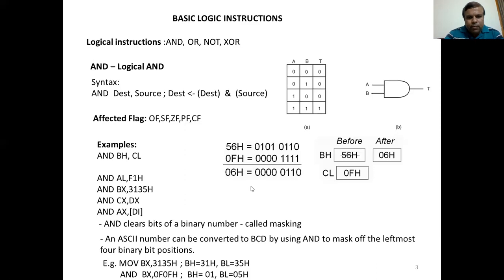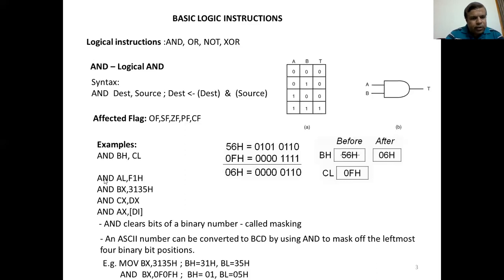So if you group the 4 bits in hexadecimal, we'll end up with 06 as the result, which is a hexadecimal number. So this is 0 and 0110 is 6. The result 06 is placed into BH register after the execution of AND BH comma CL instruction, and the word content will be overwritten.